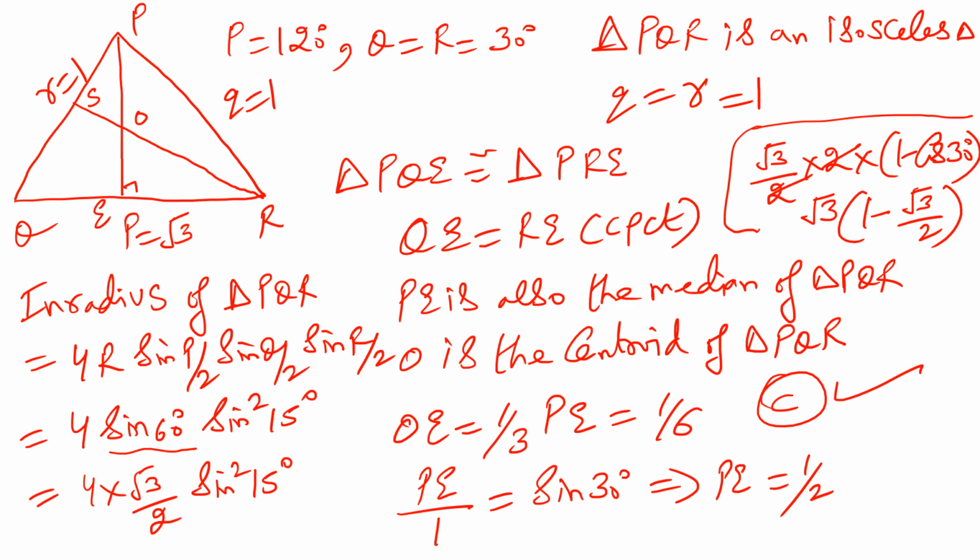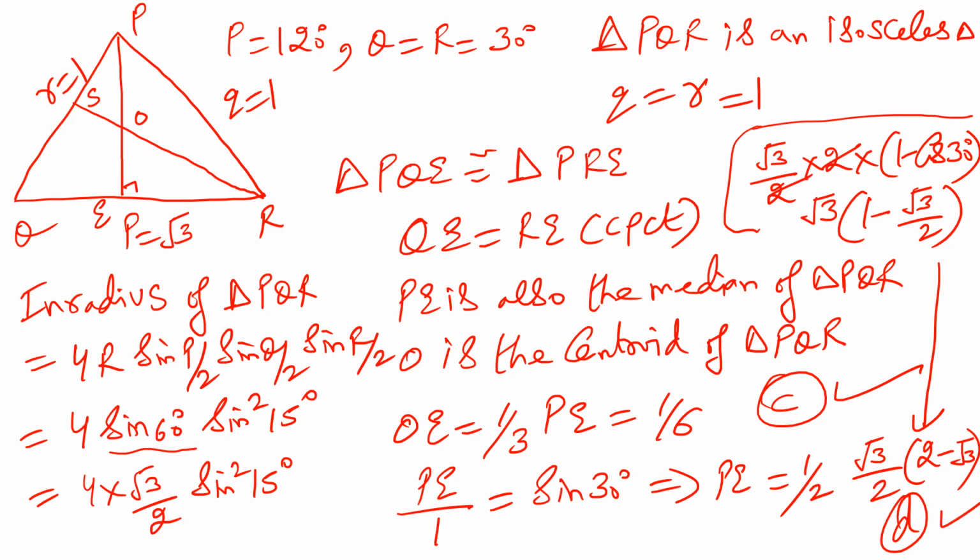Fine. Or finally, this becomes how much? It can be written as √3/2 into 2 minus √3. Right? So that means option D is also the correct one.